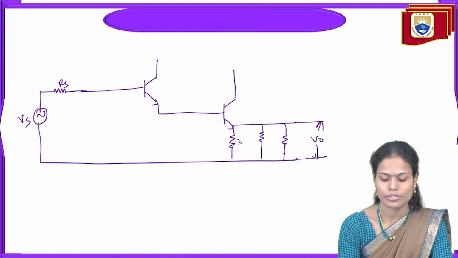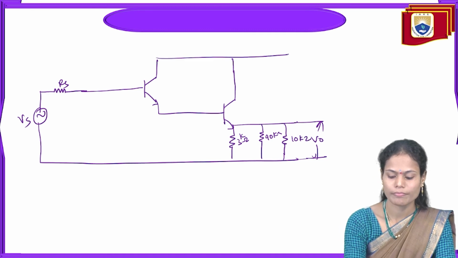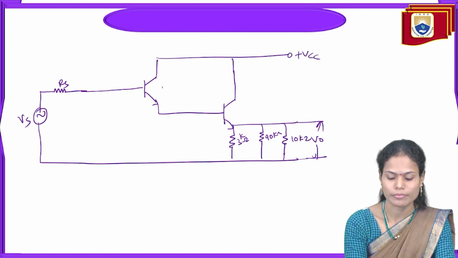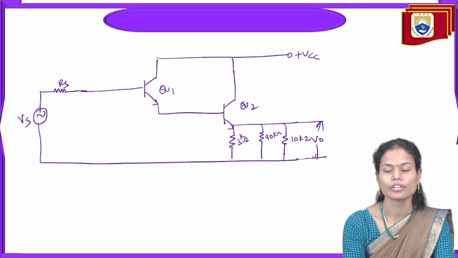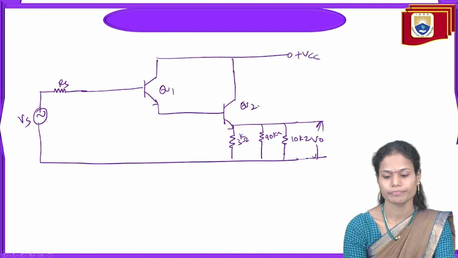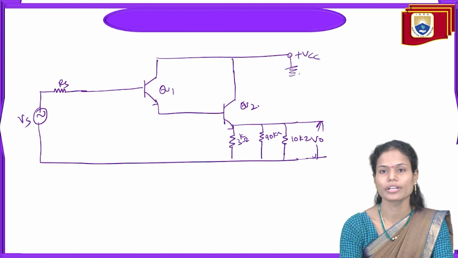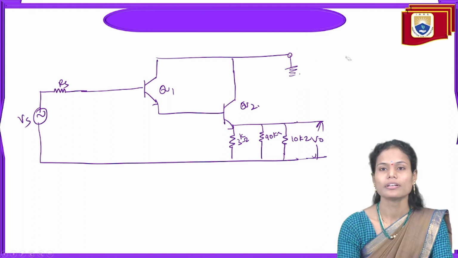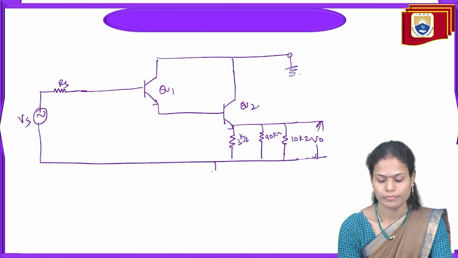The emitter resistance is 3 kilo ohms, and the divider resistances are 90 kilo ohms and 10 kilo ohms, with plus VCC, Q1 and Q2 transistors here. And this is grounded, because we are taking the AC analysis here.